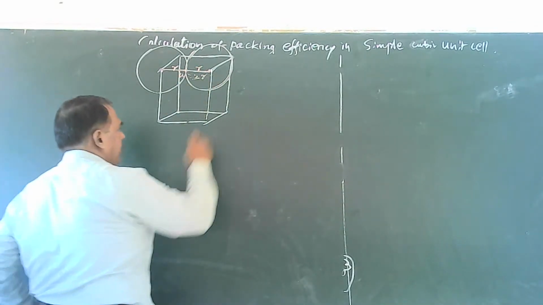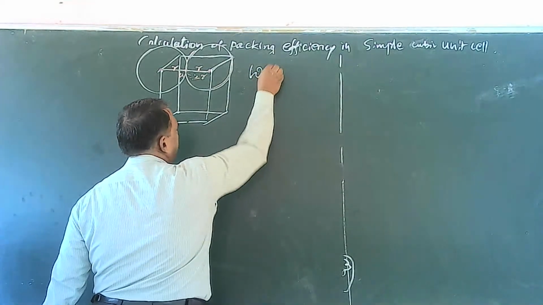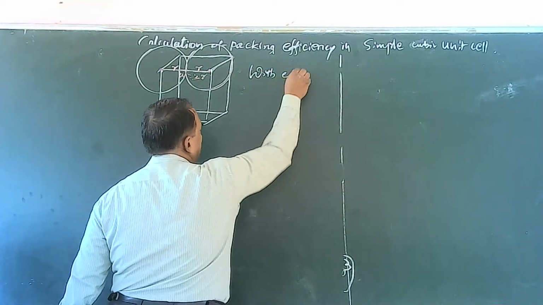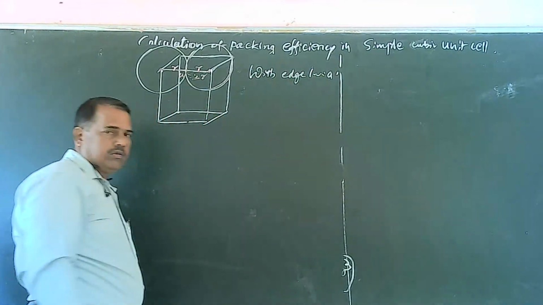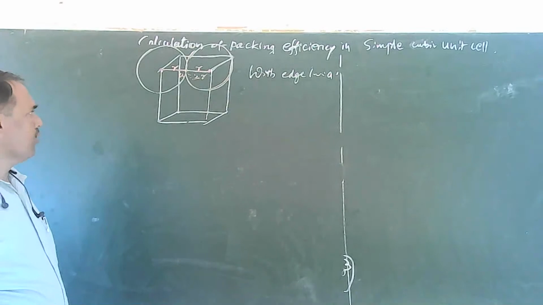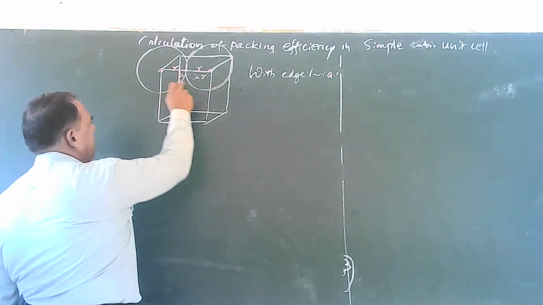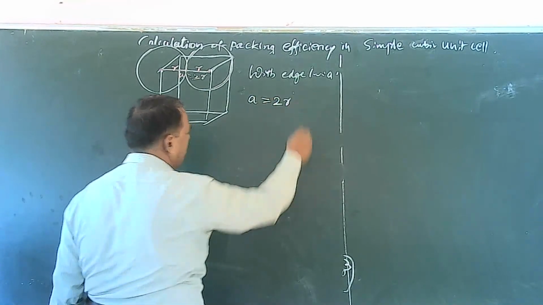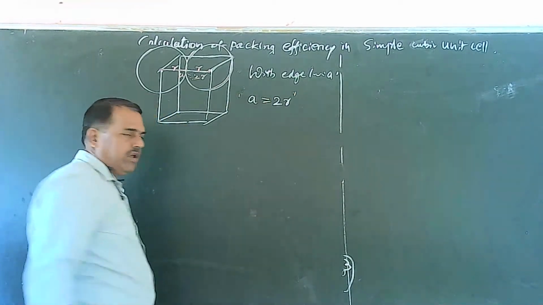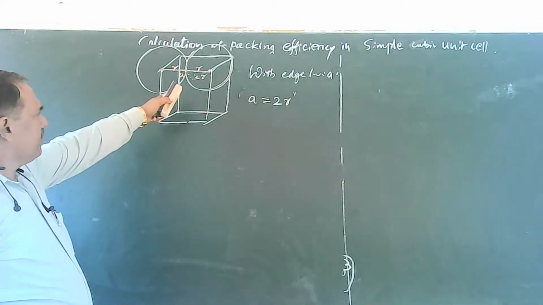So consider a cube with edge length A. Are you clear? In simple cube, see, A is equal to 2r. A is equal to 2r. Are you clear? So how is it?